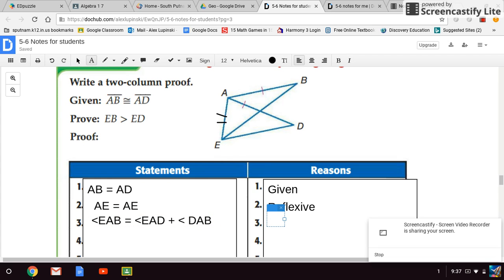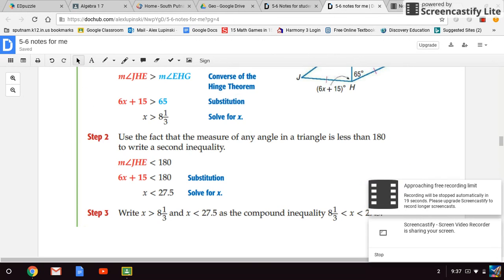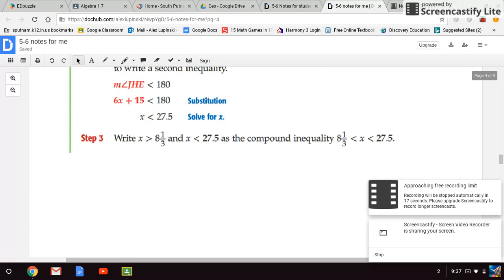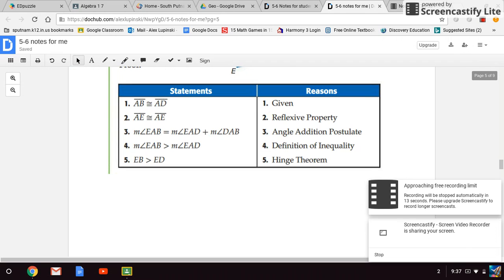And that's by the angle addition postulate. And because I'm short on time, let's just go over to this one. So angle addition postulate, then use the inequality, and then you use EB is greater than ED. Your job is to finish the last one, and it's making me leave, so you can ask me questions.